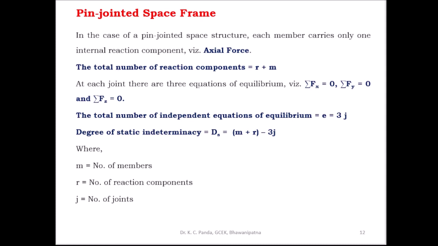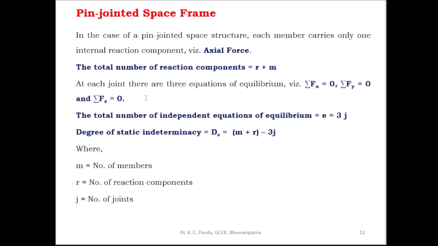The total number of reaction components comes from the external reaction components, which are found from the support system, and the internal reaction components, which are found from the members. So the total is R plus M.